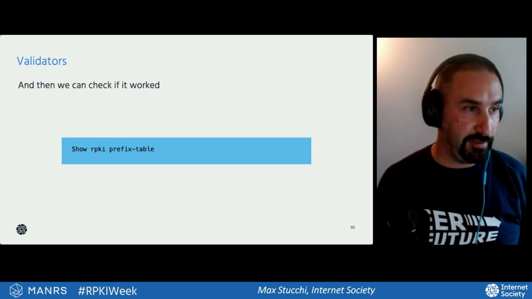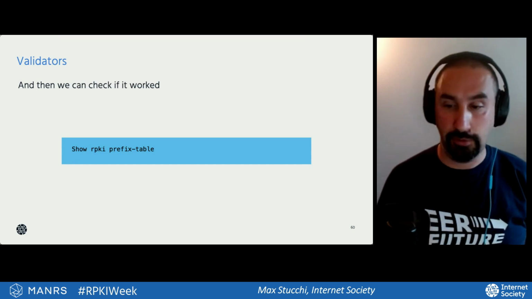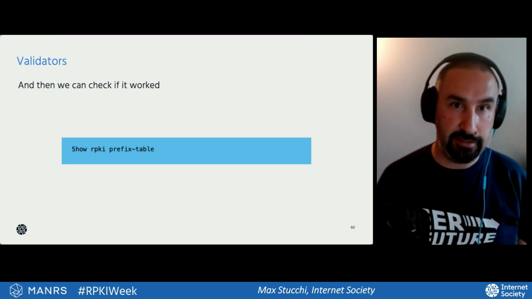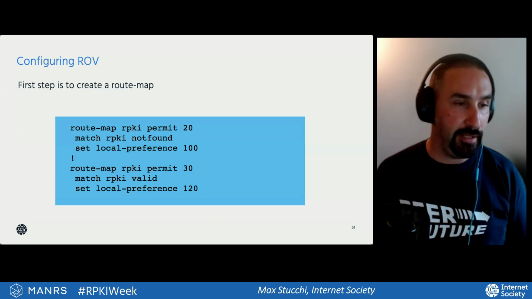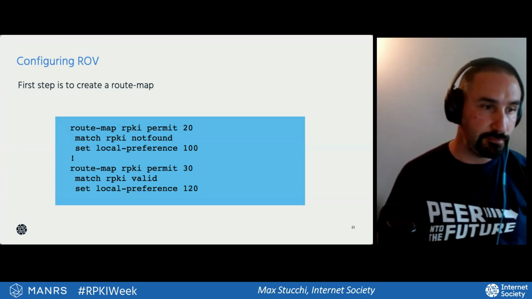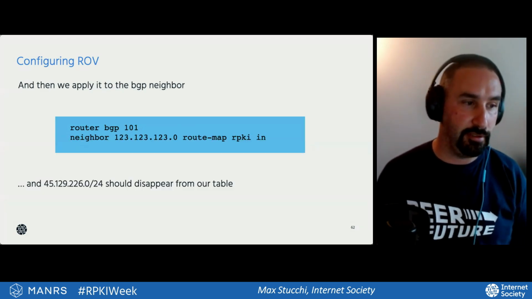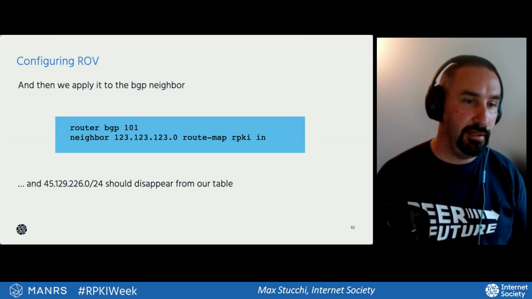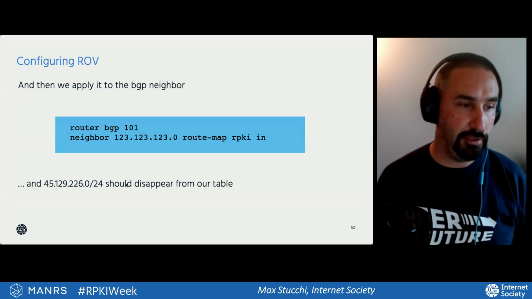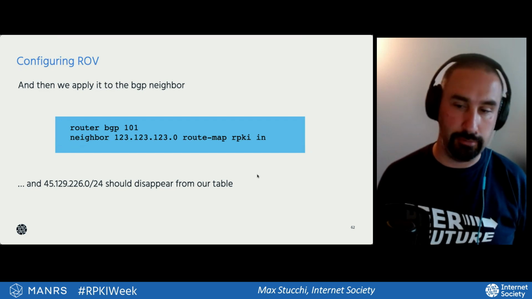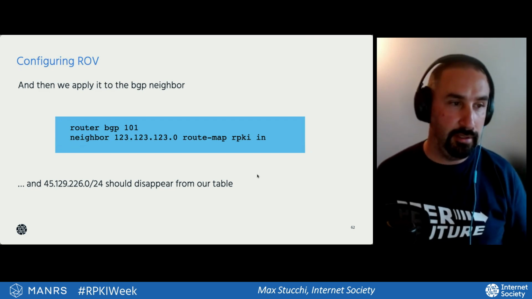Show the RPKI prefix table, check that if it worked, checked if adding the validators brought in the additional data. And then we create a route map. And last but not least, we applied the route map to the neighbor, and then this /24 should have disappeared from our table, which was the case.